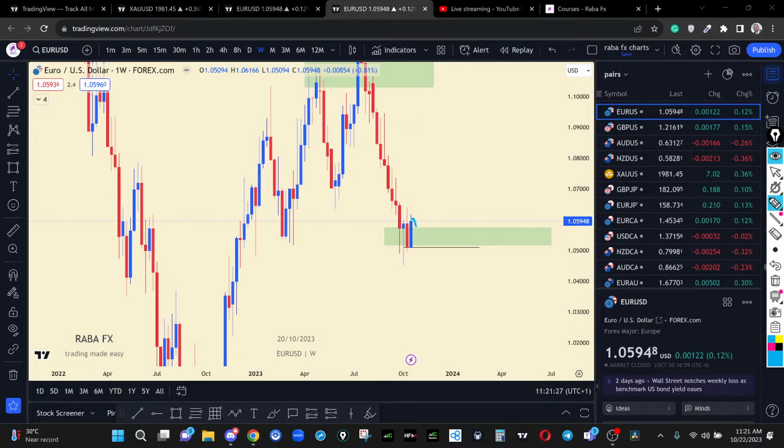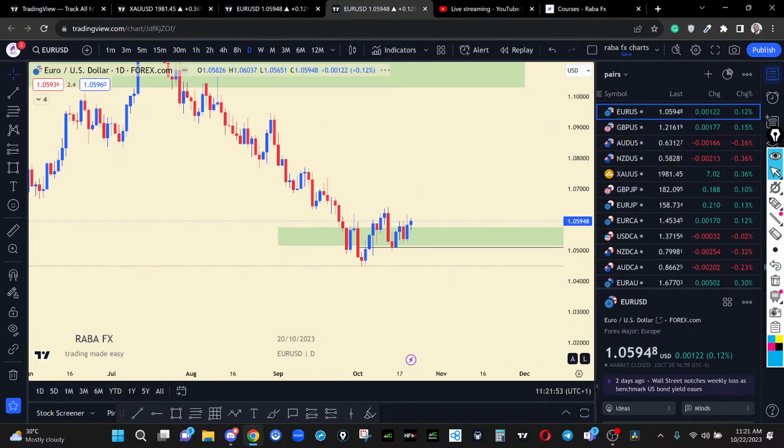We can expect price to come back down here, trade up, probably tapping into this resistance, and then coming down. Then from there, it all depends on how the month ends. If the month ends with a bullish candle, then we'll be looking for trades heavily to the upside from here. So this is what I'm looking at based on the weekly time frame.